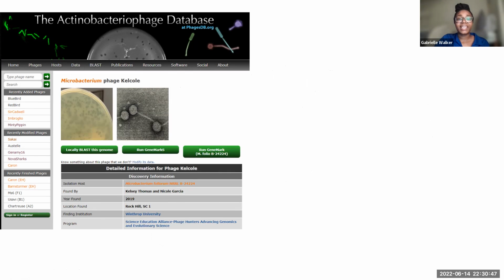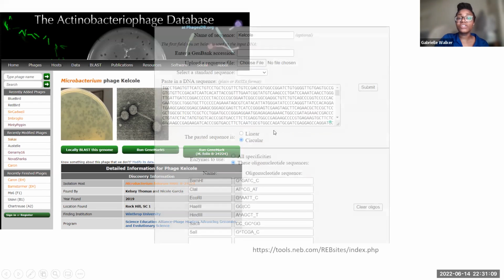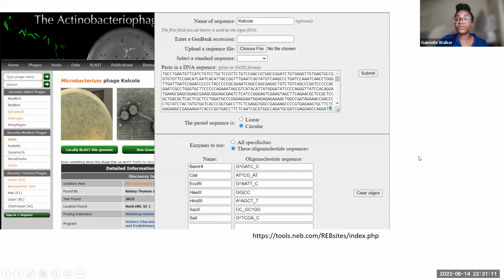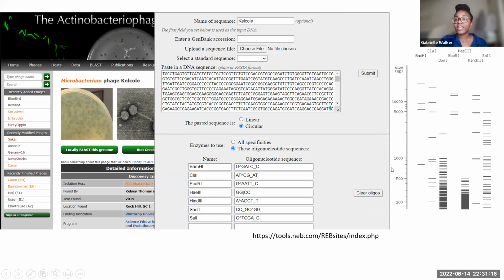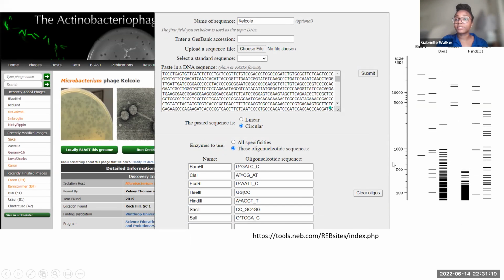This database is full of phages found by students as part of the Science Education Alliance, sponsored by the Howard Hughes Medical Institute. From this database, we got the previously done digest and downloaded the genomic sequence of Winthrop's phages. We then utilized another online tool from New England Biolabs where we generated virtual digests so we could create comparisons between the previously done digest and the virtual.